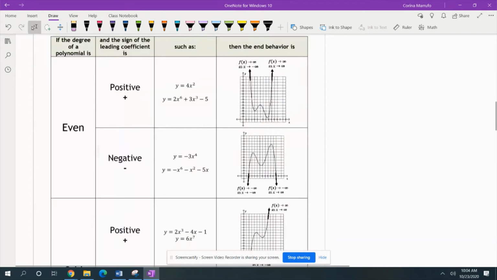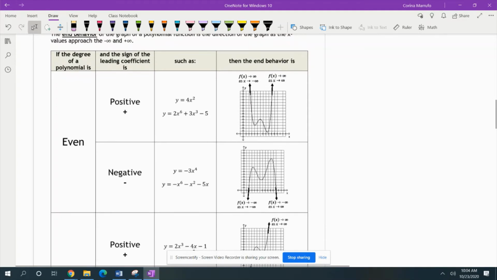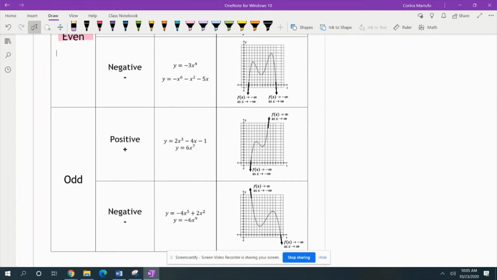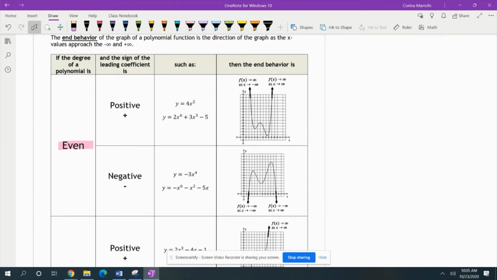Okay, so the way that you're able to tell what your graph is going to look like is you first start off by seeing, is the degree of the polynomial even or is it odd? Okay, so you have those two options. Now, if it is even, then your leading coefficient can either be positive or it can be negative.